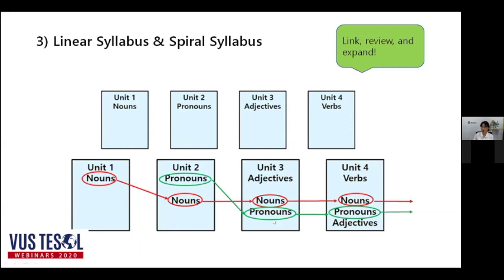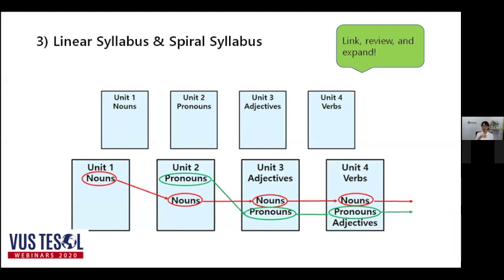And you make a link and you practice together. In Unit 4, the new target is verbs, but then you also do nouns, pronouns, and adjectives. So you do all these things from previous units. You make links, review together, practice together. So this is a spiral syllabus.